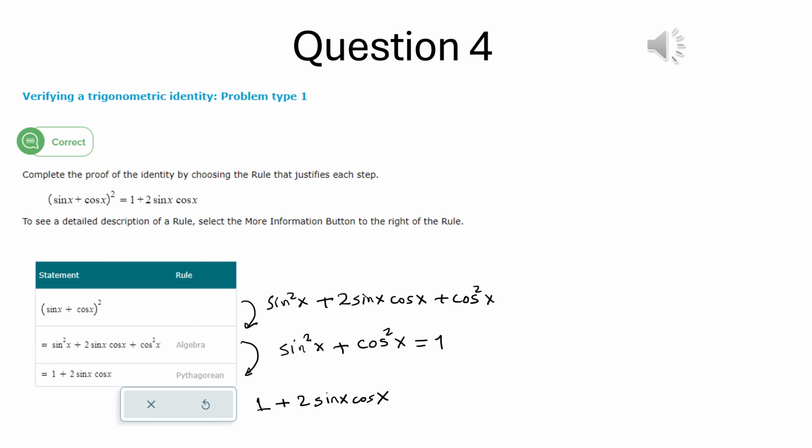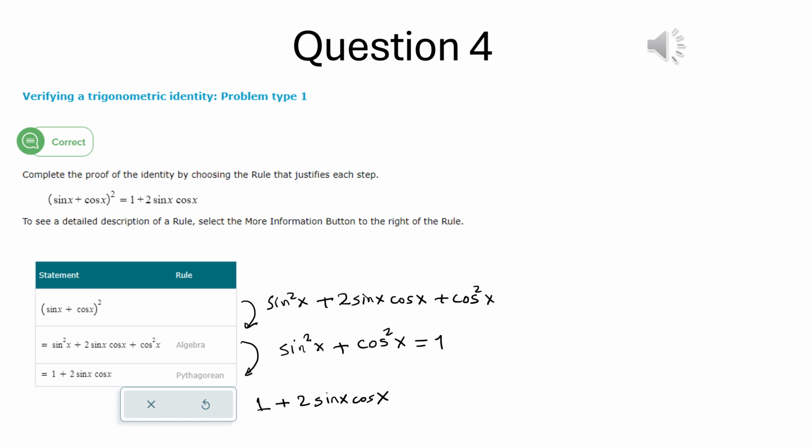Okay, in that question, I select the left hand side of the identity: sine x plus cosine x, squared. And you expand using algebra: square the first, plus twice the multiplication of both, sine cosine, plus cosine squared.